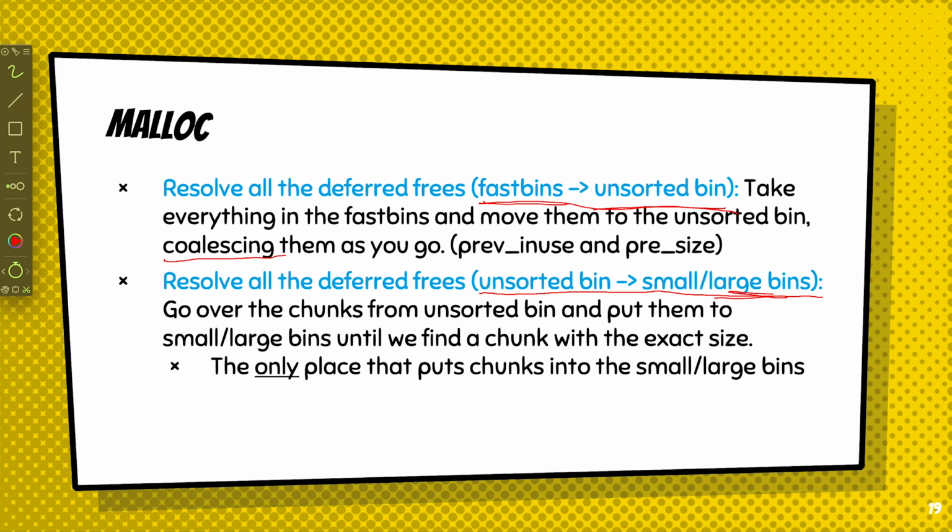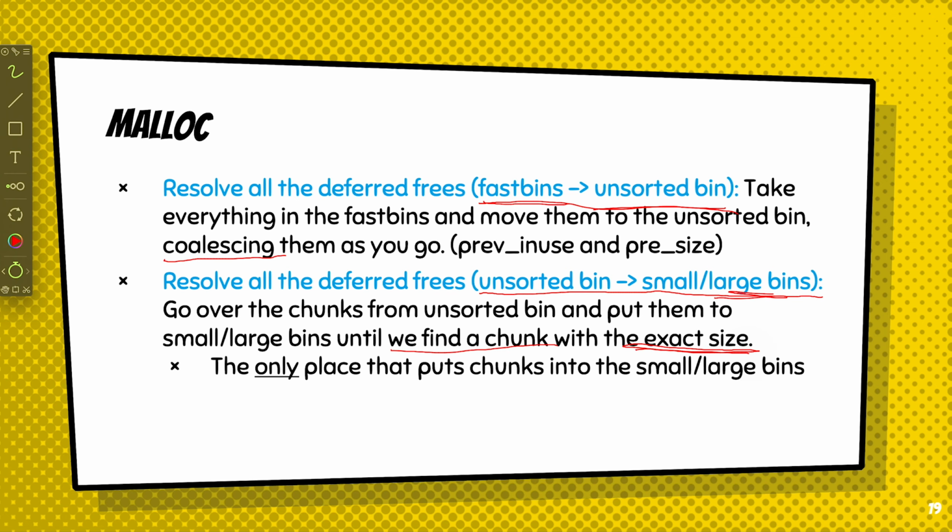Here, just note that when we resolve all the deferred phase, we also try to see if we can find a chunk that fits the request of malloc. But when we resolve all the deferred phase, we look for a chunk with the exact same size. At this point, we still hope that we don't have to cut large chunks into small pieces.